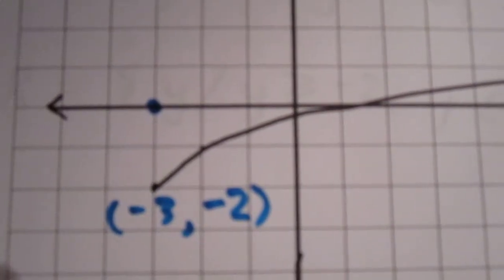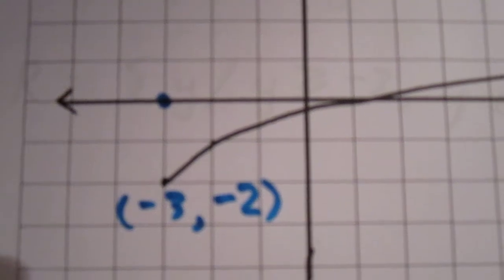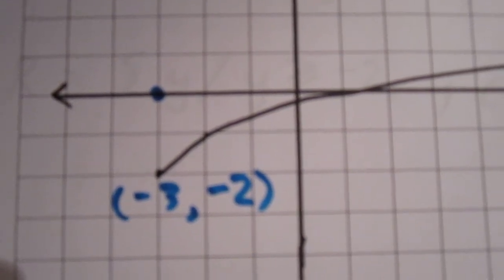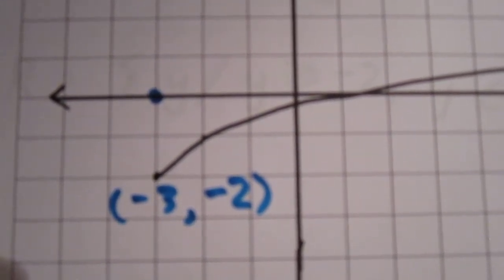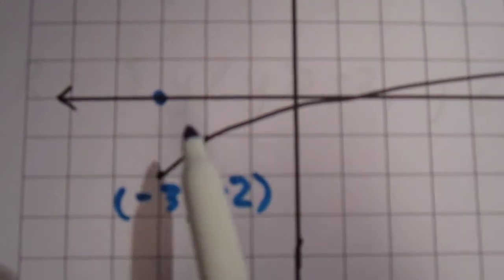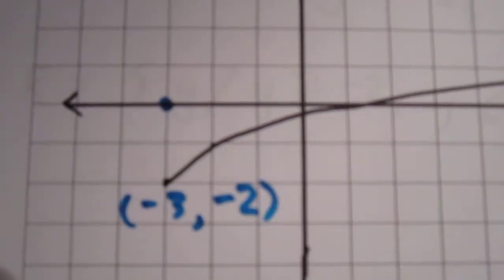That spot on the x-axis is right there. We're going to put a closed circle there because the point in question does have an x value of -3. In other words, there's a closed circle here, so we'll put a closed circle here.